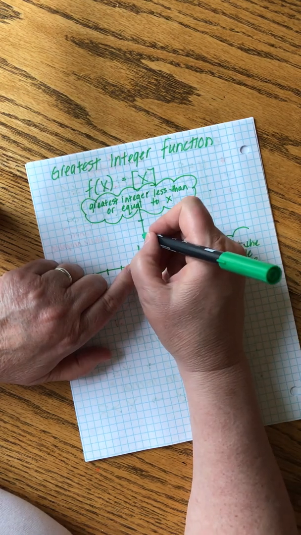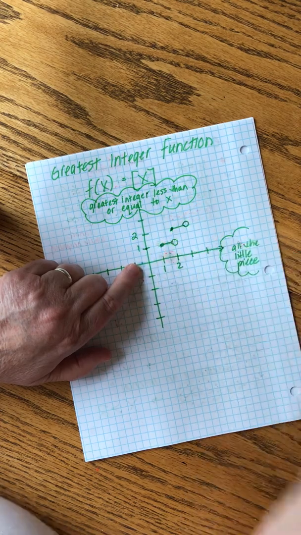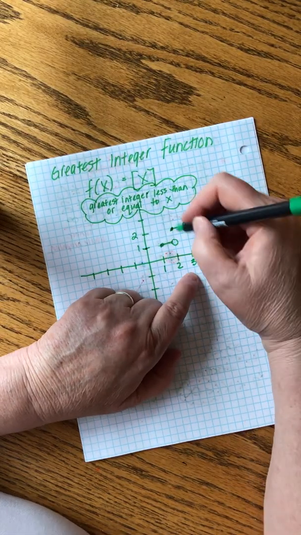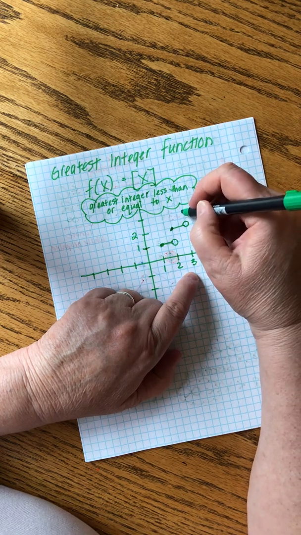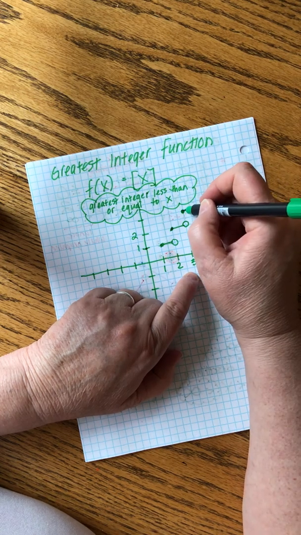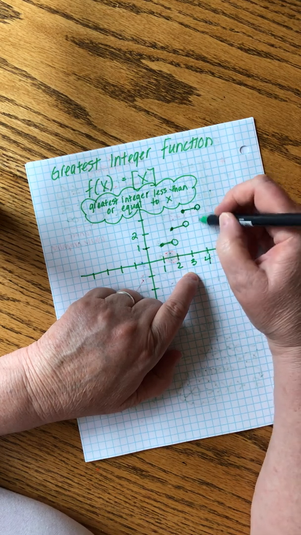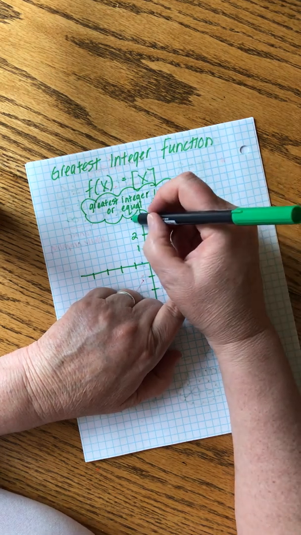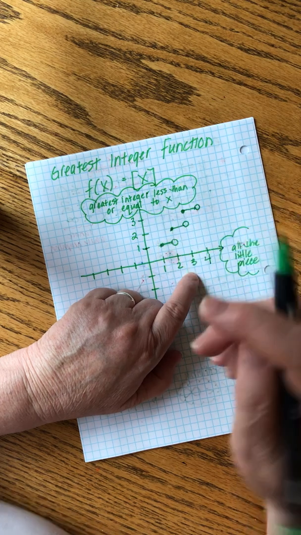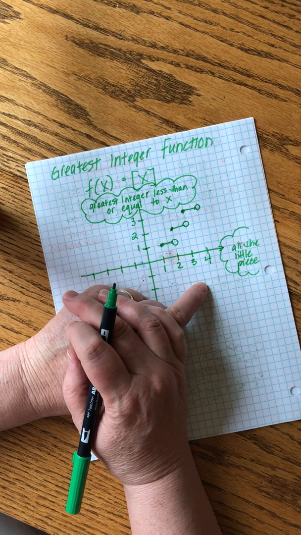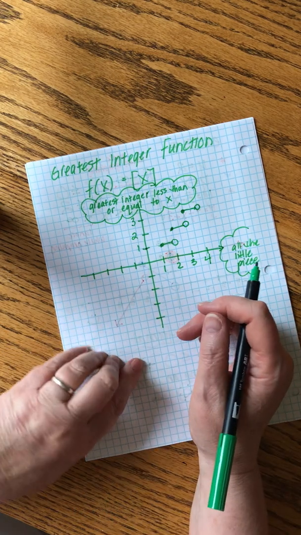Well, that's going to be 2. And the same thing up here. Let's say we want to start with 3.000 and then include everything but not a perfect 4.0. Those numbers will all fall back to 3 as their greatest integer less than or equal to themselves.